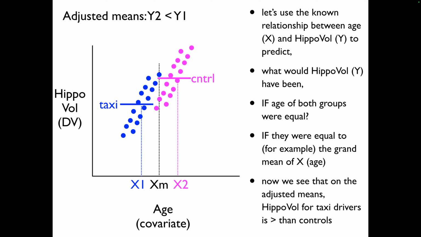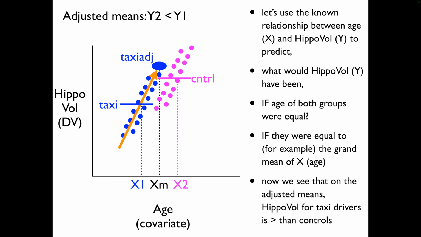So XM is the average age across the whole experiment. So if we draw a line that characterizes the relationship between hippocampus volume and age, we can kind of draw an arrow up to that black line. That big blue dot now, that's what the average hippocampus volume of taxi drivers would be if their average age was XM.